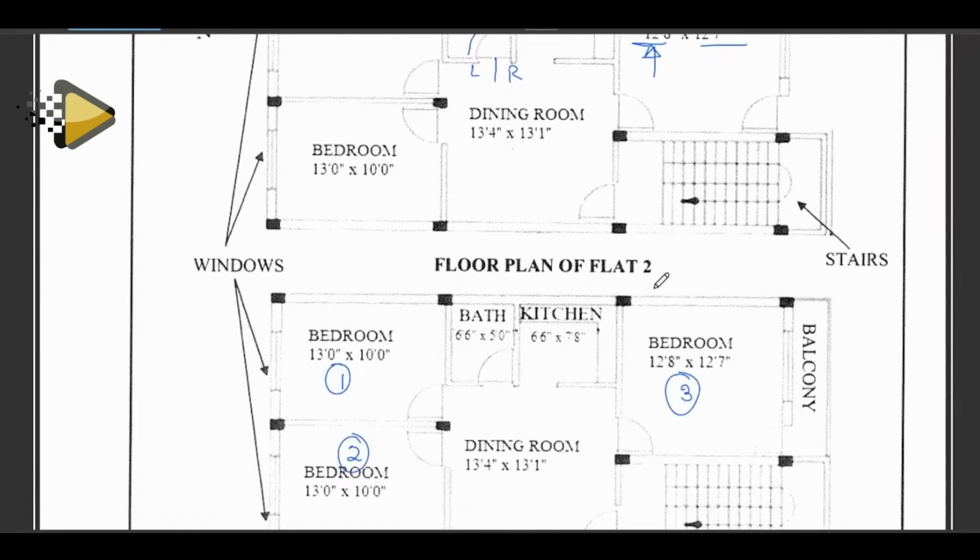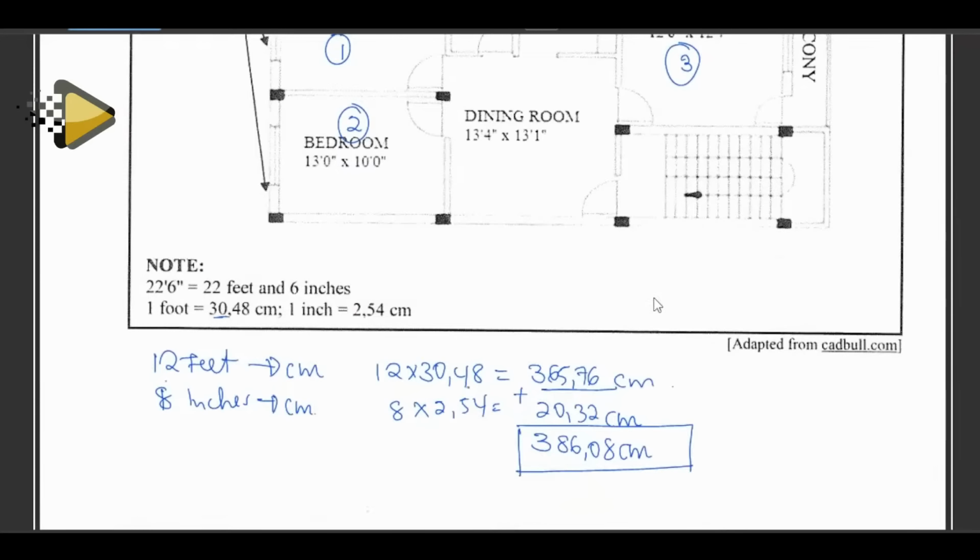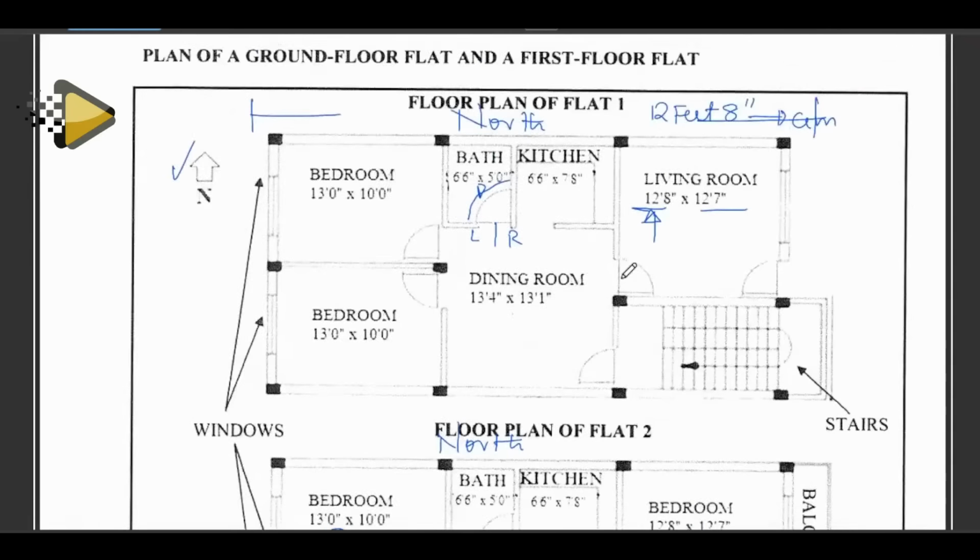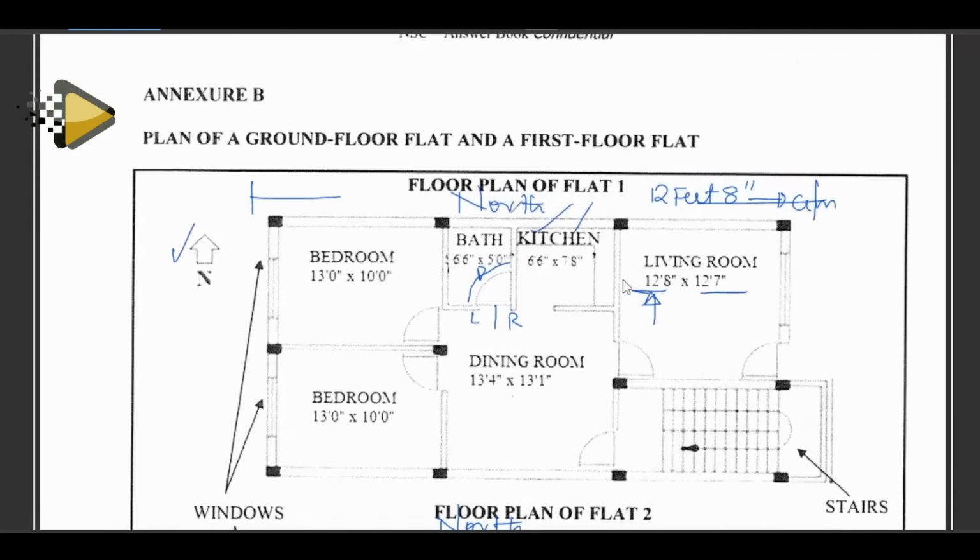Also, this one here, this is the north. Then we come down here. These are what? These are south walls. And indeed, you see there are no windows. We don't have any window here. Okay? Also here, we don't have windows.